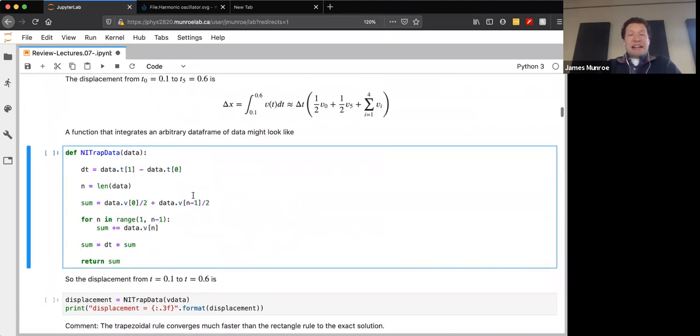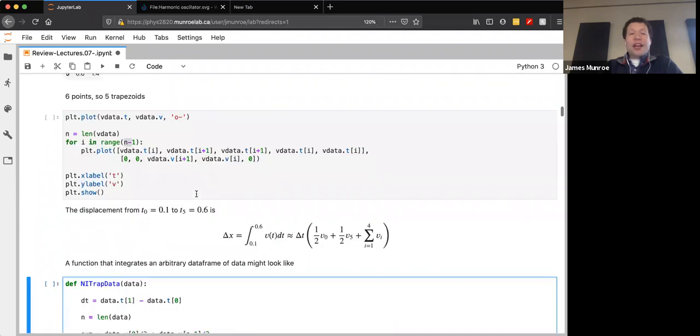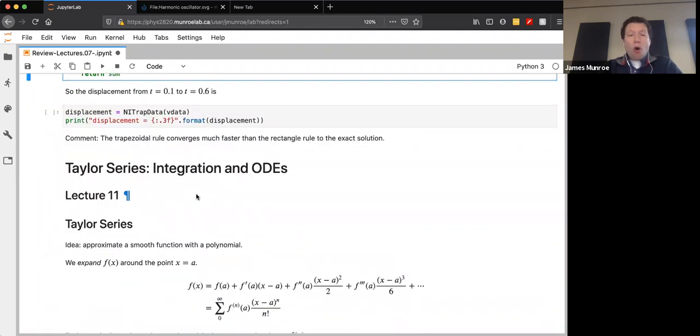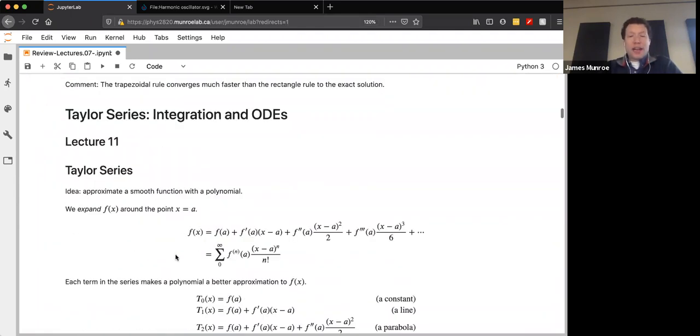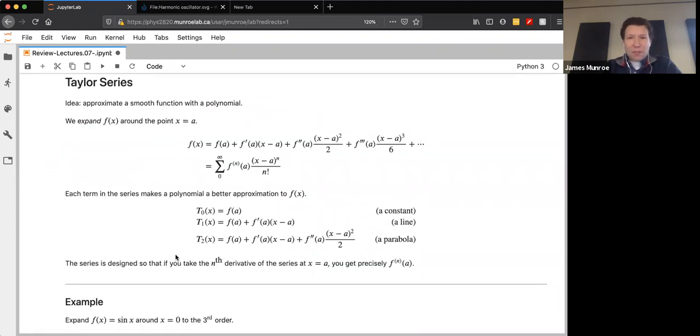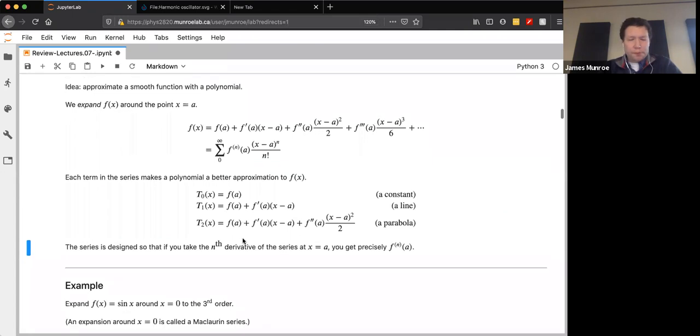These different techniques, these different methods for integrating data, they all come from something called Taylor series. The mathematical theory behind all of this is that any continuous function that's differentiable, smooth, can be written as an infinite power series where its terms are given by the derivatives at that point. This is what a Taylor series is all the way through.